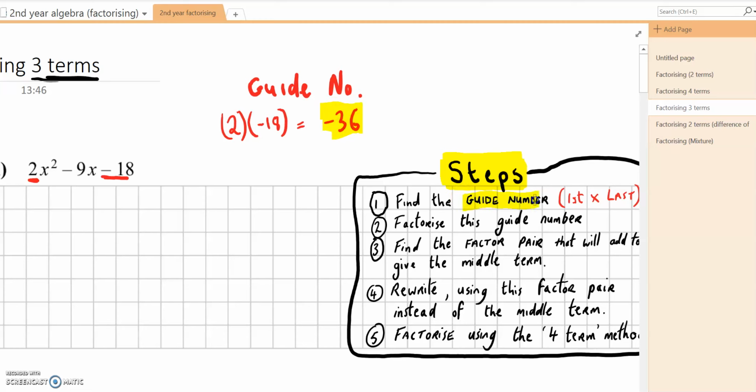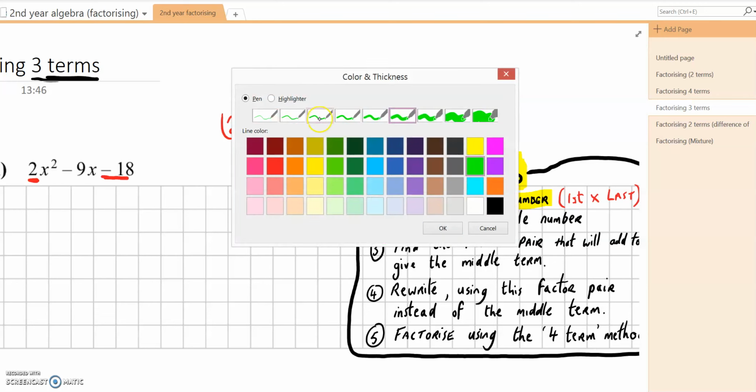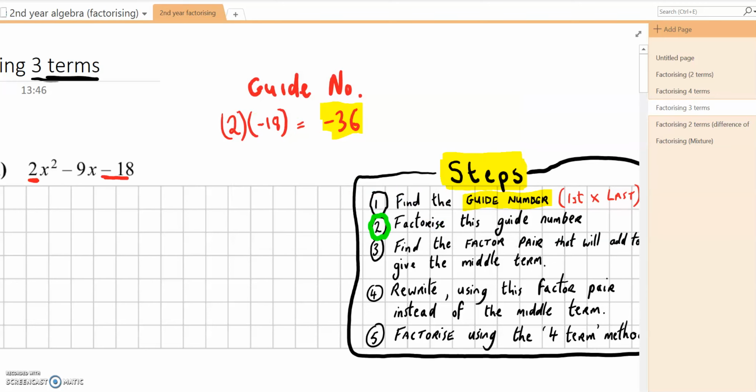Right, what do we have to do now with that guide number? Well, I have to factorize this guide number. What does that mean? I need to consider what numbers multiply by each other to give me minus 36.